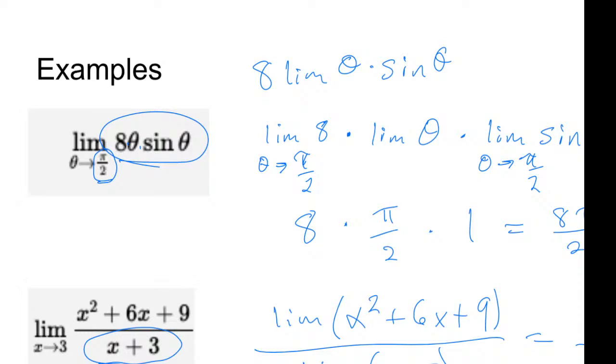I've got a law that says I can do it, but I figured I could do it anyway, right? 3 squared is 9, 18, and another 9, so that's 18 and 18 is 36, over 6, which gives us 6.